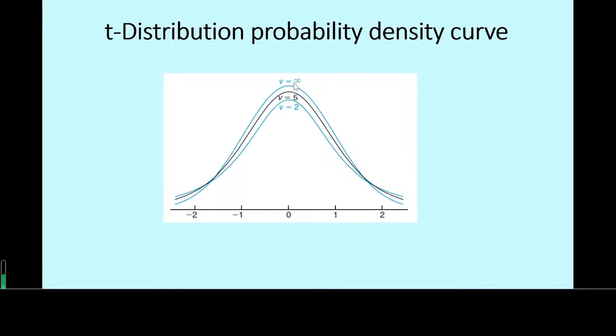The highest one is also called the normal distribution curve, because if the degrees of freedom in a t-distribution becomes very, very large, it is very close to, approximately, a normal distribution. Usually the t-distribution's density curve has a flatter shape than the normal curve and has a longer tail than the normal curve.